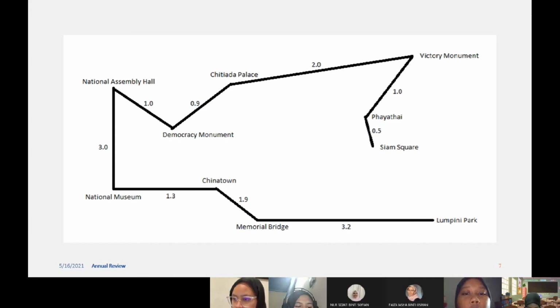Firstly, we start at Siam Square, and then we go to Payatai, with a length of 0.5, and then Payatai to Victory Monument, which is 1.0. Victory Monument to Tiada Palace is 2.0. Tiada Palace to Democracy Monument, and so on.